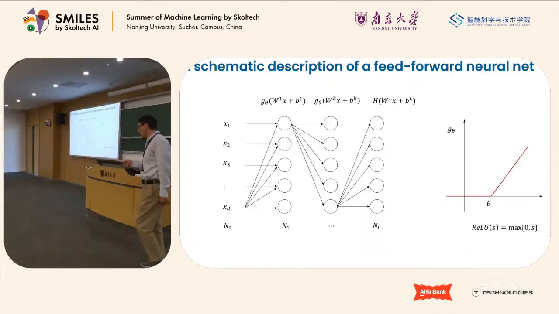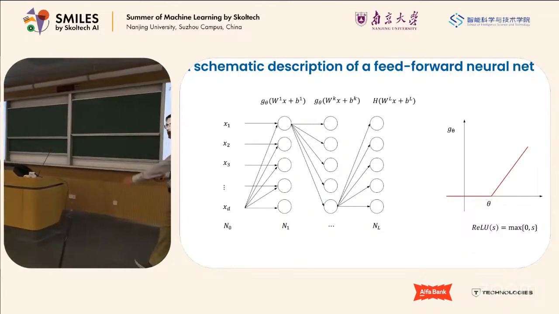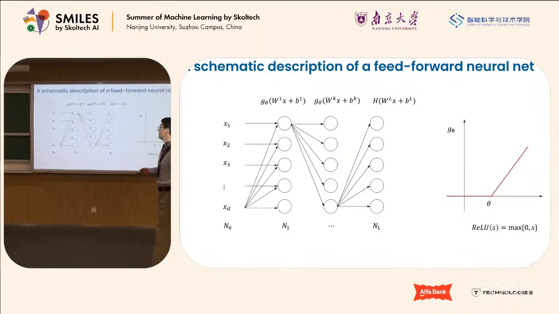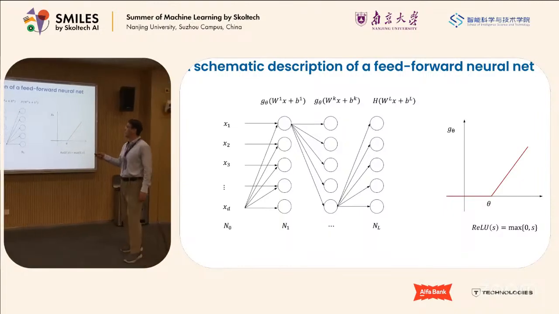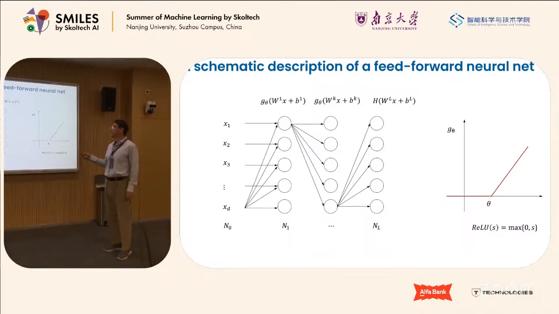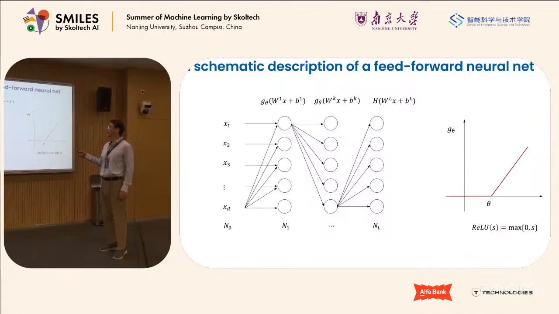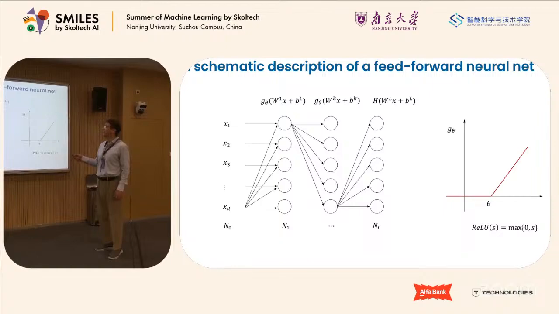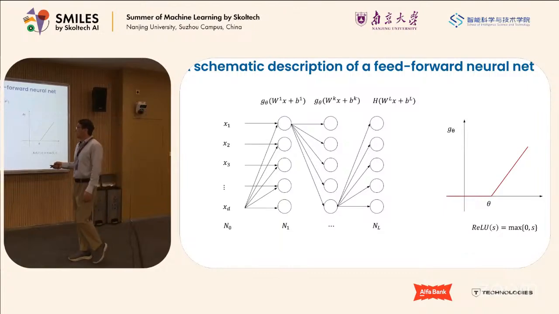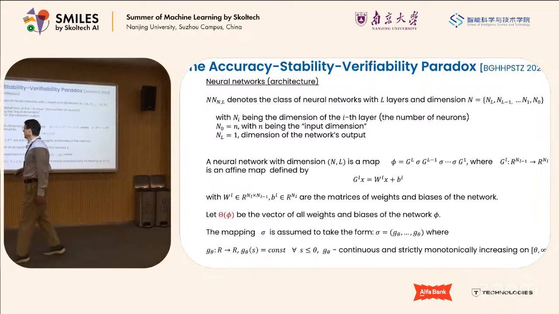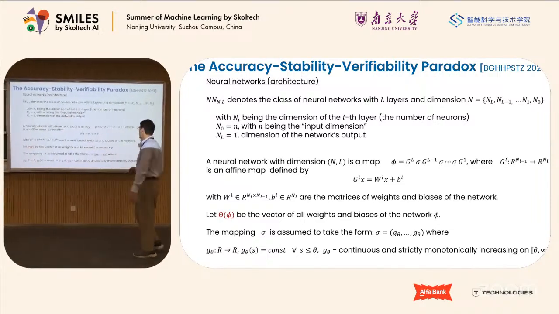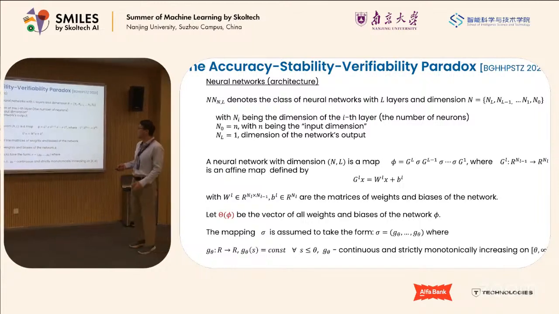This is what everybody knows, and I just want to set up the notation. I have these affine maps, and I have the output, which is a 0, 1 threshold function, and then I have these activation functions, and the dimension of the input is d, and the number of layers is L.